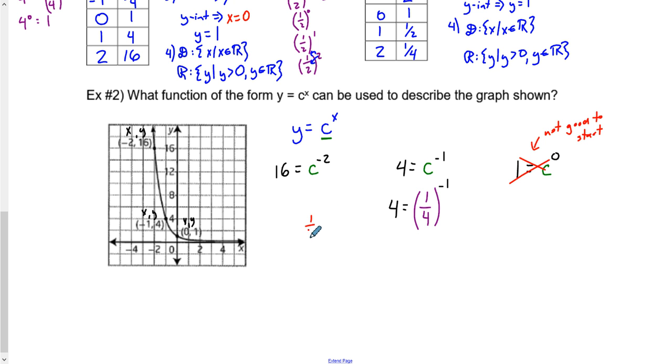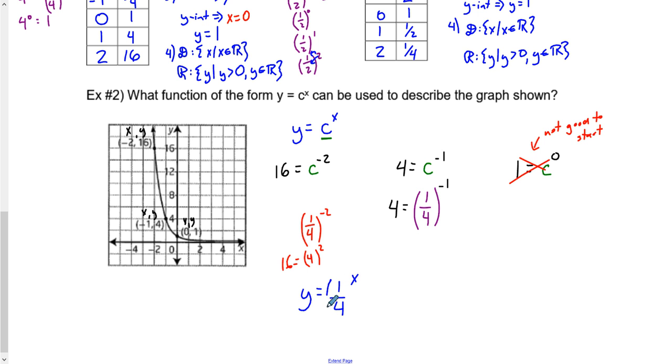Likewise, 1/4 to the power of -2, by taking the reciprocal of the base, 4 to the power of 2 absolutely gives you 16, which means our equation of this graph is y equals 1/4 all to the power of x.